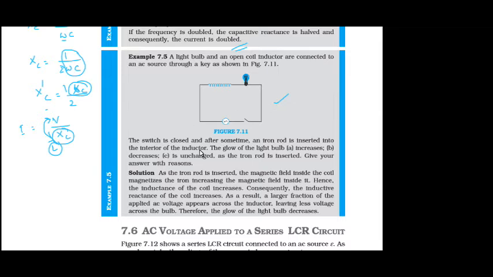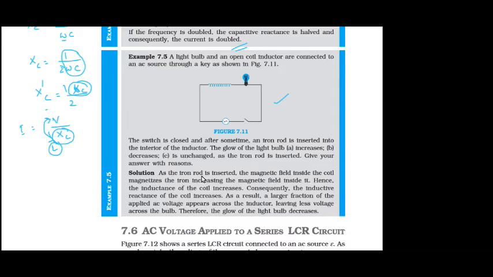The switch is closed and after some time an iron rod is inserted into the interior of the inductor. The glow of light bulb: A, increases; B, decreases; C, is unchanged as the iron rod is inserted. Give your answer with reasons.